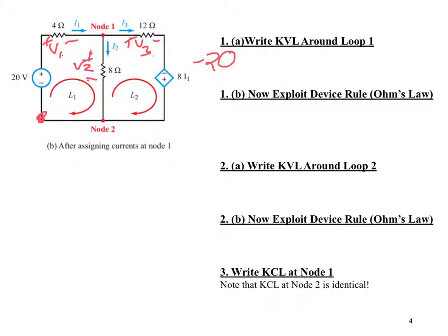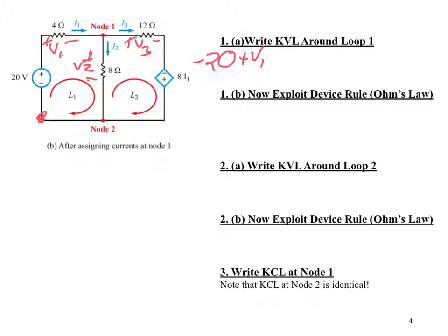Then we continue up. We hit the 4 ohm resistor up at the top. Notice that we are going into the positive sign of our convention there, so this is going to add. And as I suggested, we'll just leave it as V1 and not worry about applying Ohm's law at this point. Just keep everything stripped down to the bare essence of this. So we get plus V1.